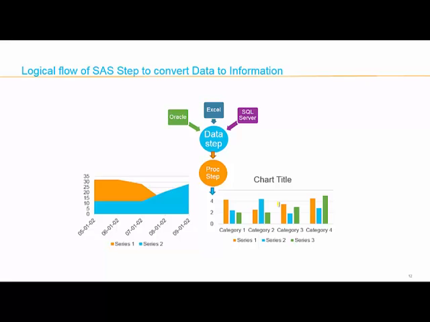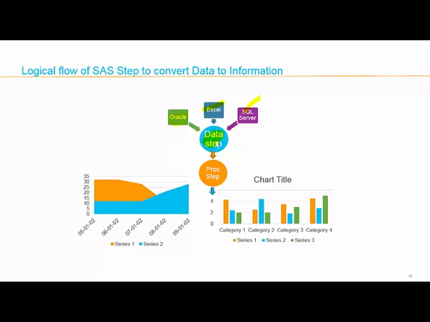Next slide, we're going to see how data is converted into information in SAS. So this is one example which demonstrates how data is converted in SAS. For example, if you want to pull data from an Oracle system or from an Excel system or SQL, all this can be done in your data step or by using some of the global statements.